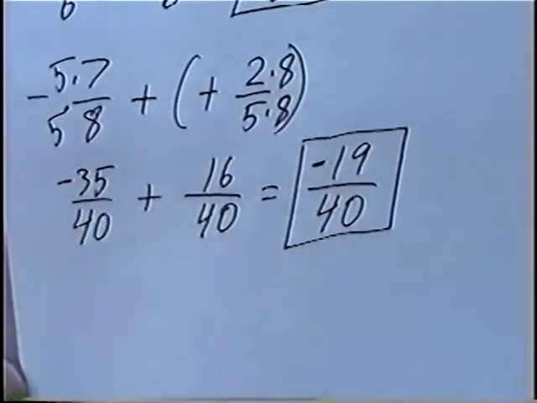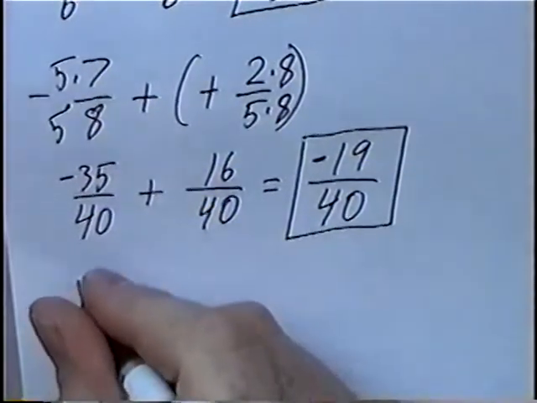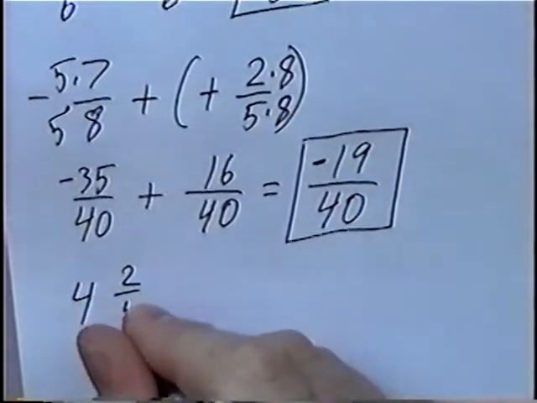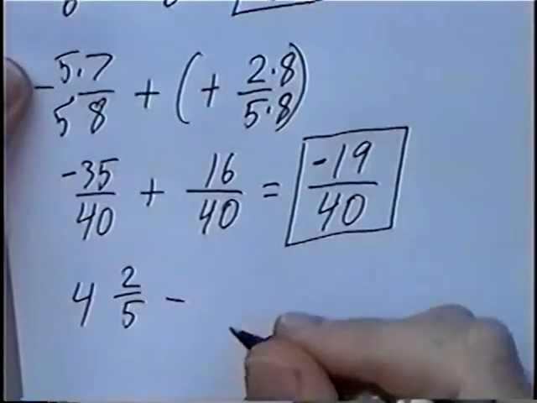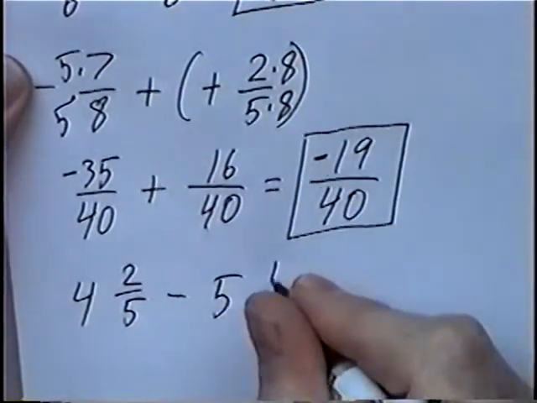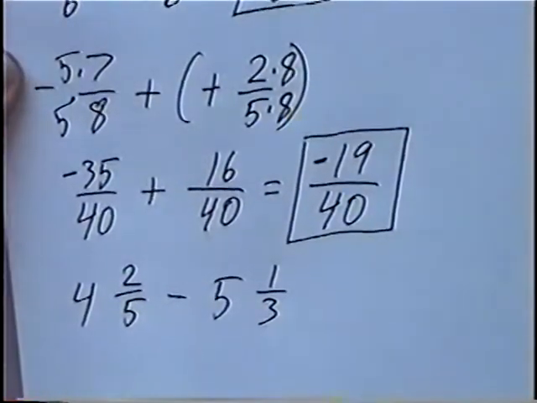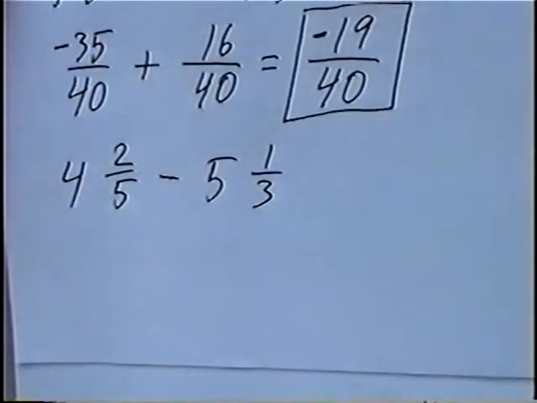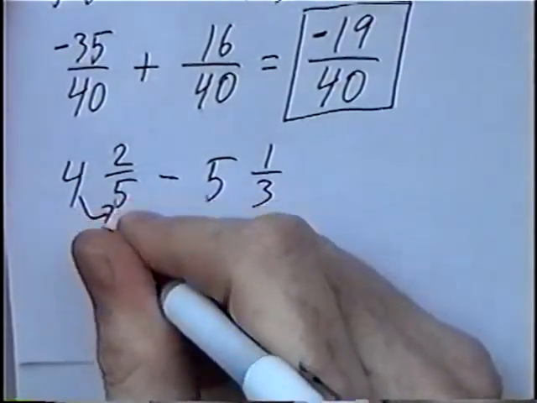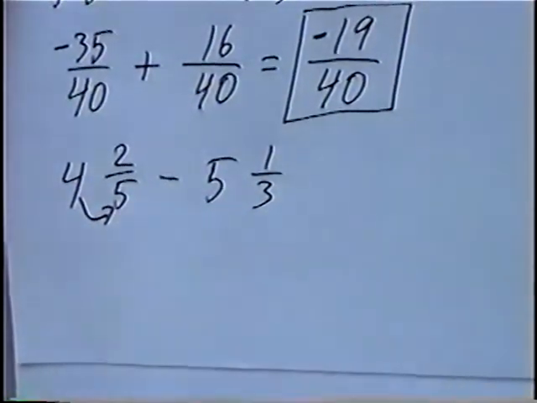And last question for the section. We'll have a mixed number, 4 and 2/5, minus another mixed number, 5 and 1/3. Mixed numbers again, we can first change into improper fractions. Again, we'll take the number in front, multiply it by the denominator, and then add the numerator.